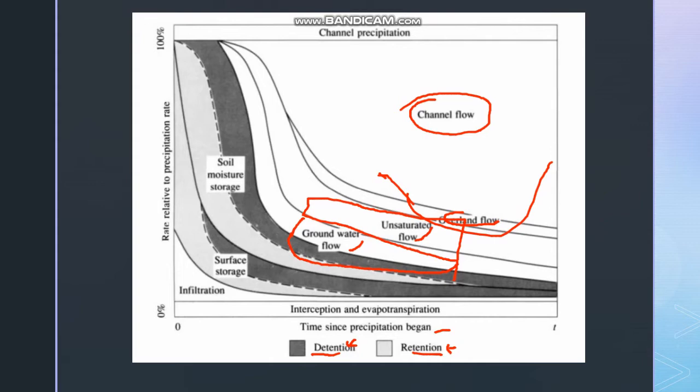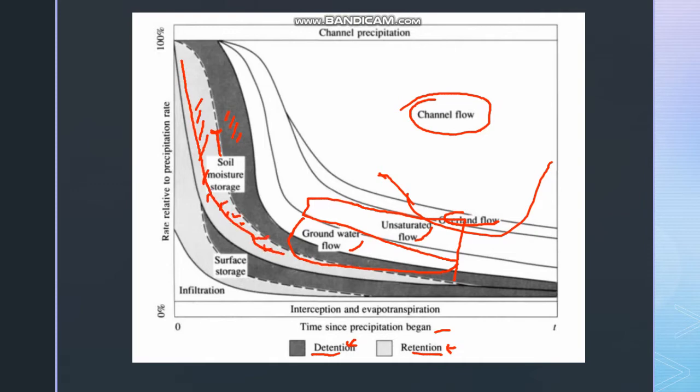Here, we can see the gray area is detention, which is above the soil moisture. As you see, this is the soil moisture line. Above it is ponding, where the water just flows away. Here the shaded gray is soil moisture, and below it is detention.